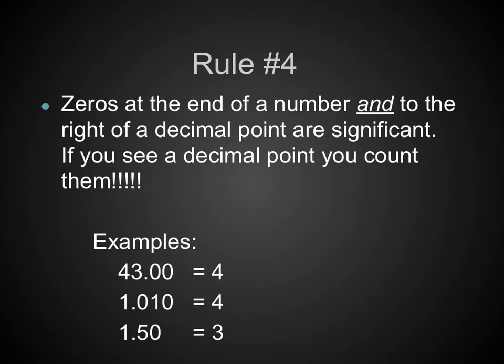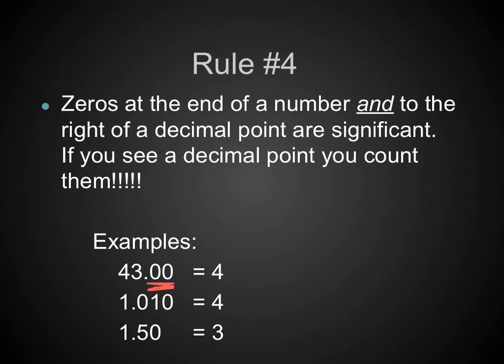Okay, rule number 4. We covered rule number 2, which is zeros that are sandwiched in between significant digits. We covered the zeros that come in the beginning, before any significant digits. Now we have to talk about the zeros that are at the end, which means they are on the right side of any number.